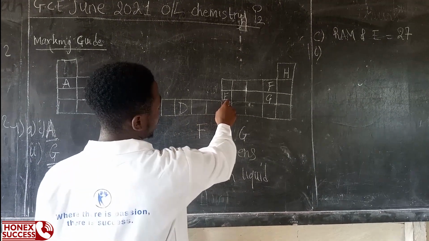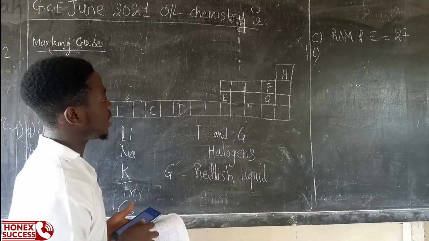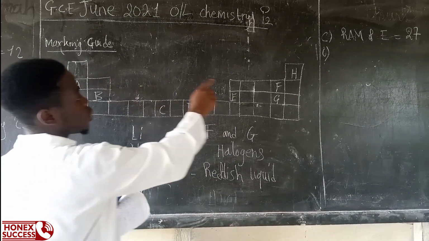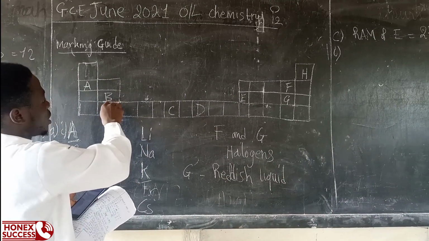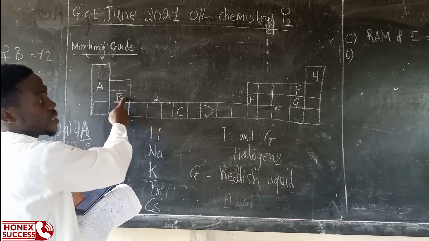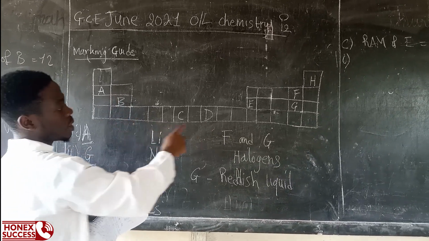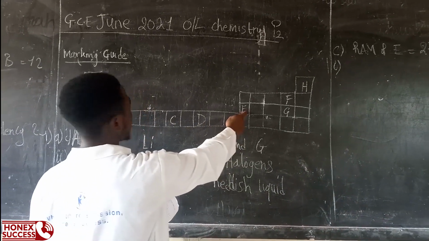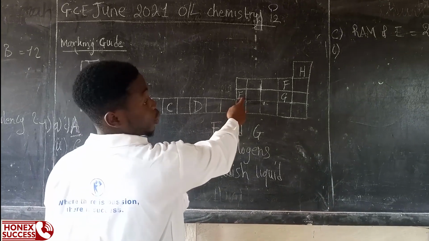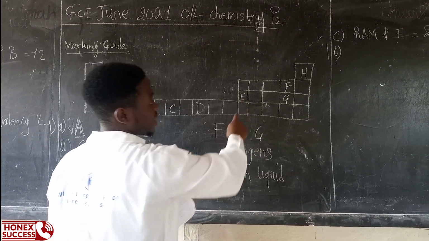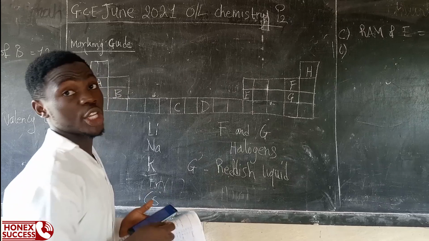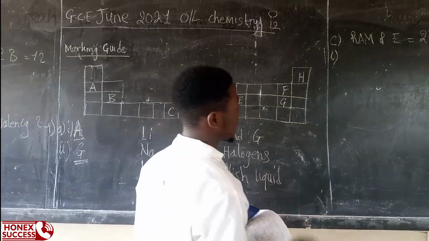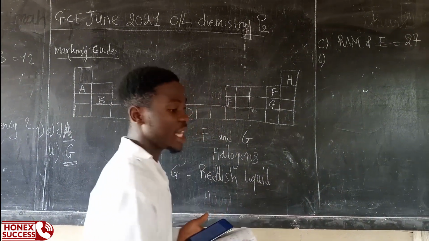If we come back to our periodic table, this is the position of our element E. Upon counting the squares as we did for B, we ended at B and we said B was element number 12. Upon reaching E, it will be element number 13. That means it has an atomic number of 13.